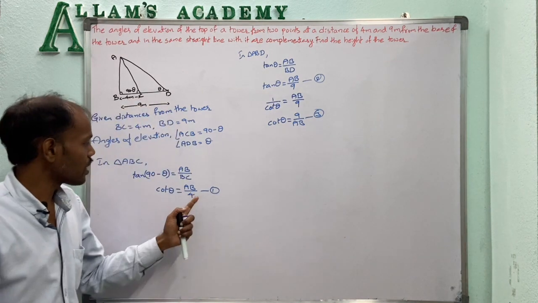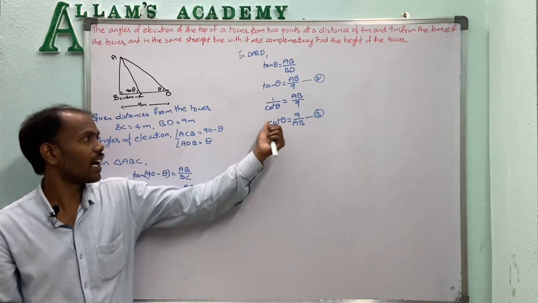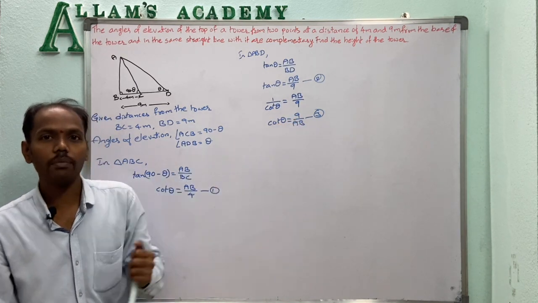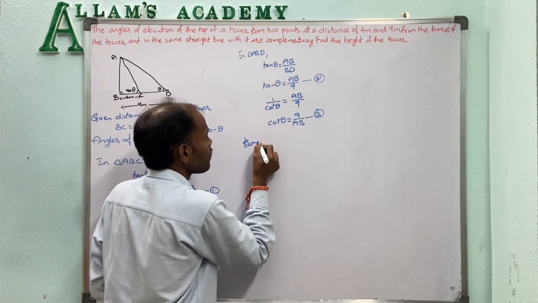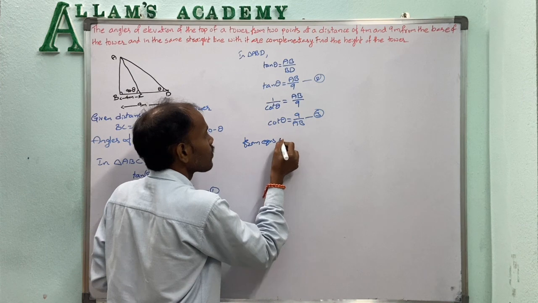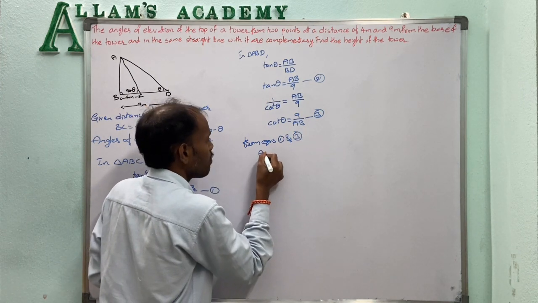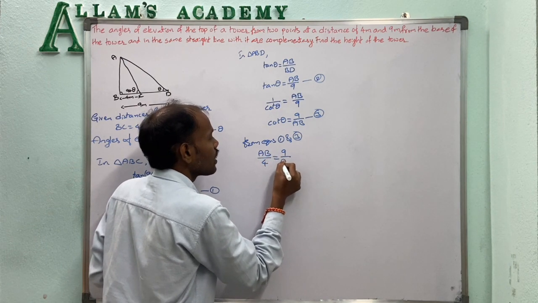Now if we observe the first and third equations, both LHS are cot theta. That means the right side values AB by 4 and 9 by AB are equal. So from equations 1 and 3, AB by 4 equals 9 by AB.